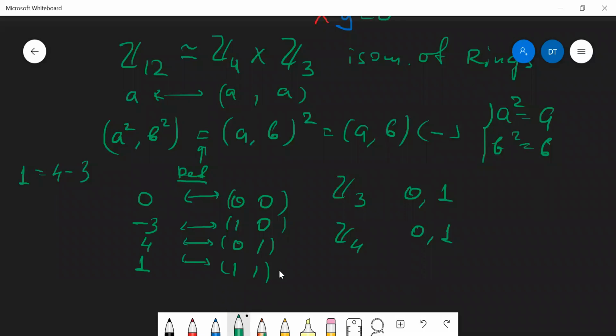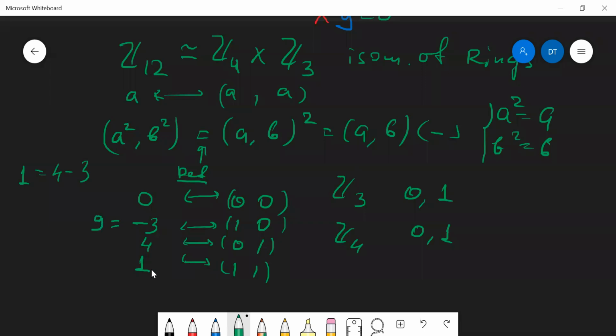Or in other words, since this is the identity element of this ring, and the identity element is preserved by any isomorphism, and actually any homomorphism, it must correspond to the element 1. And if you want to represent it in the normal form from 0 to 11, then you just replace it by 12 minus 3, which is 9.